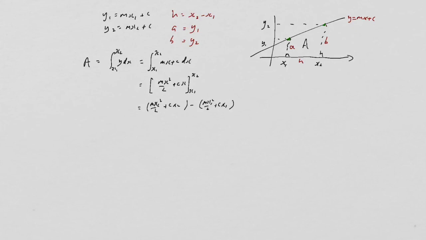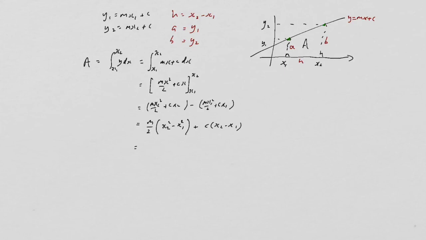Okay, now we can see that we've got two terms with m over 2 involved. So what I'm going to do is take those out, and you'll see a familiar difference of two squares popping up, and then we've got our c times the x2 minus the x1.